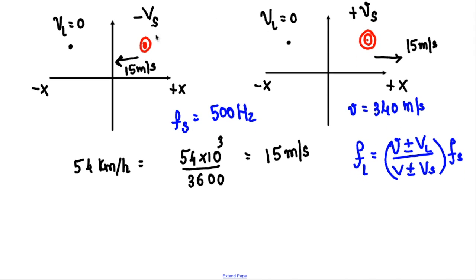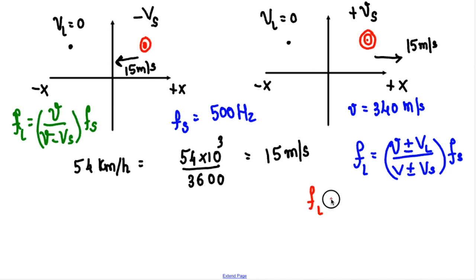Now for the two different cases, we have FL equals V upon V minus Vs into Fs, and for the other case we have FL equals V upon V plus Vs into Fs.